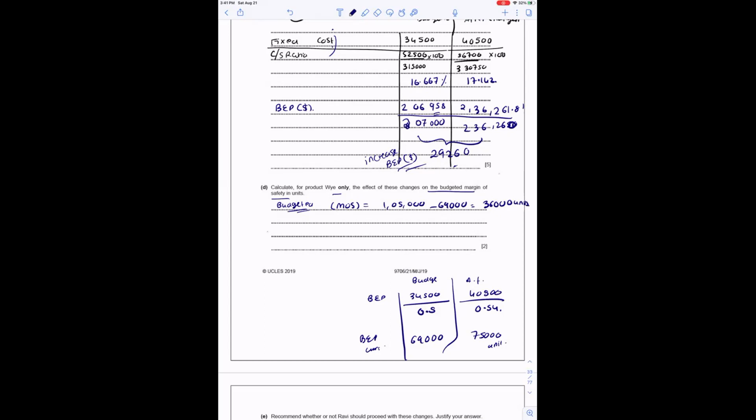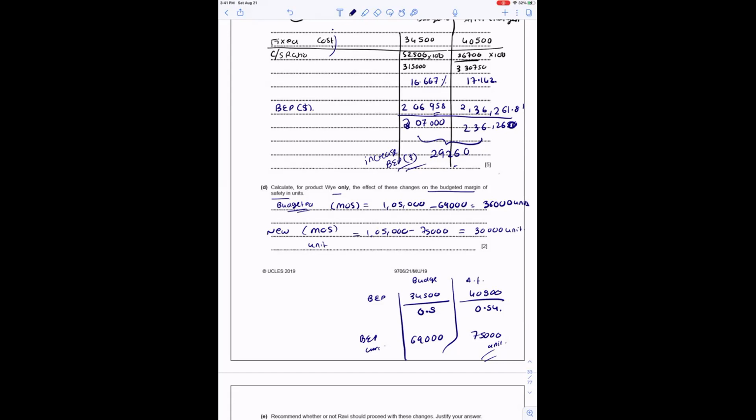And as per the new plan, the margin of safety in units would be your actual sales activity minus the break-even. You break even at 75,000 units, so it will be 1,05,000 minus 75,000 units. So it is 30,000 units.